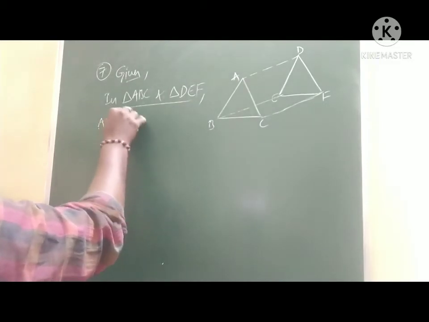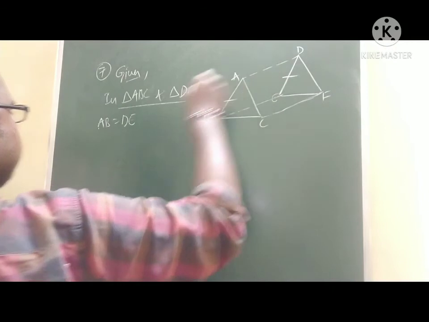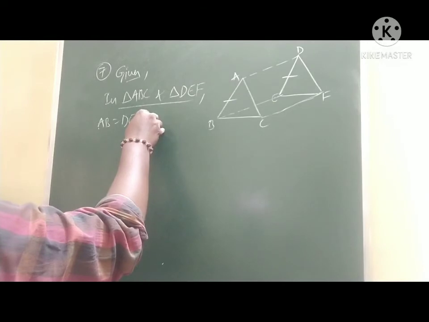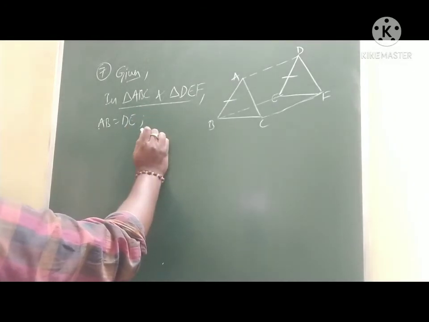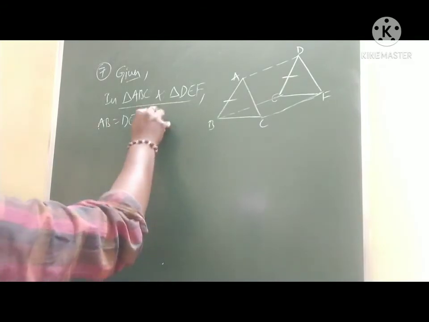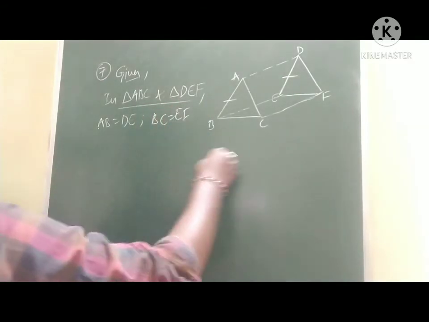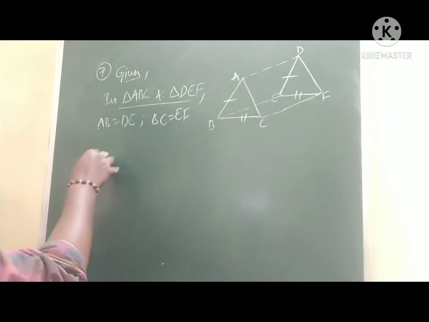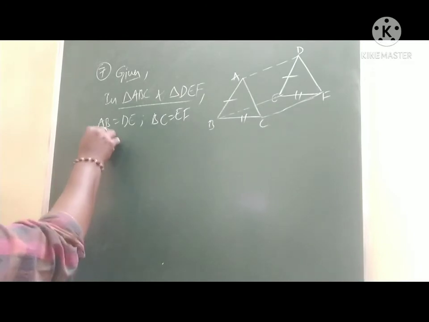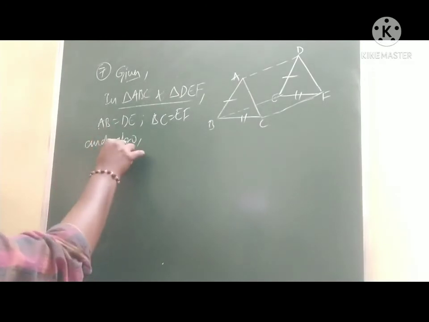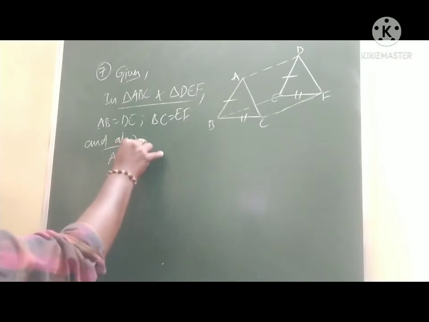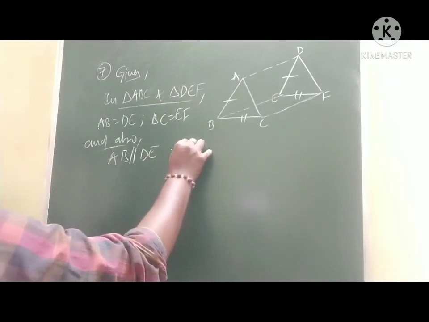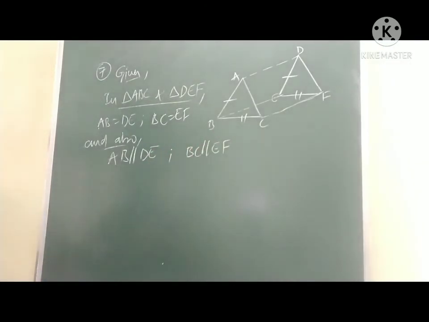AB is equal to DE, and we have been given BC is equal to EF, and at the same time we have been given AB parallel to DE, and BC parallel to EF.